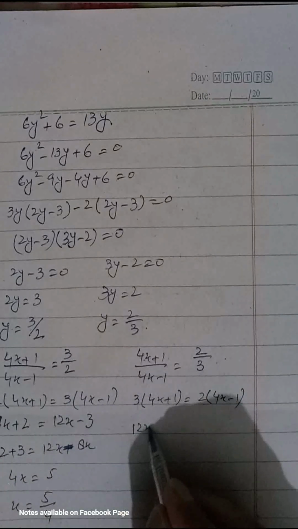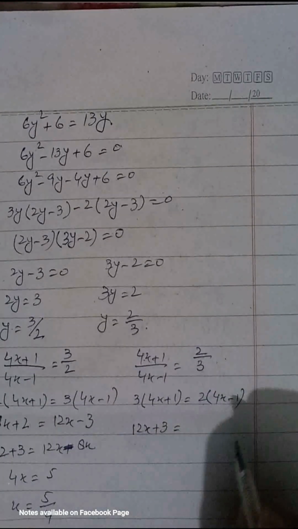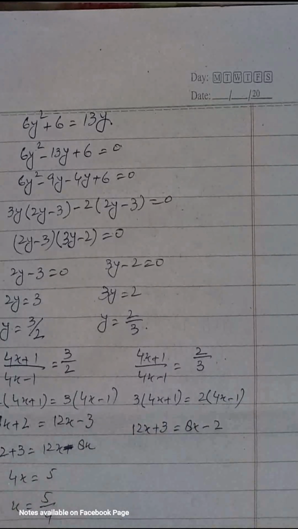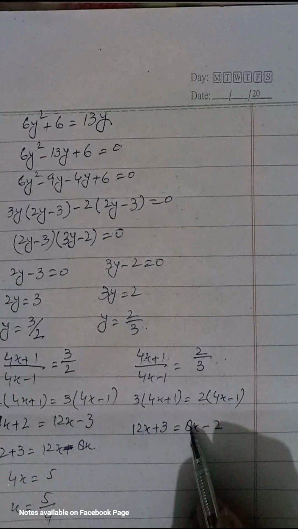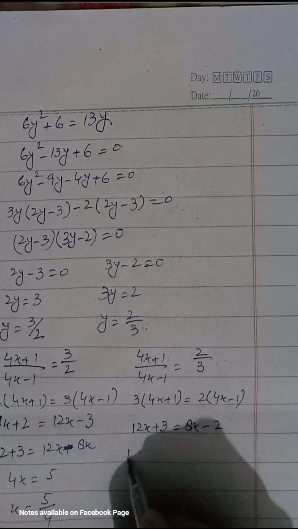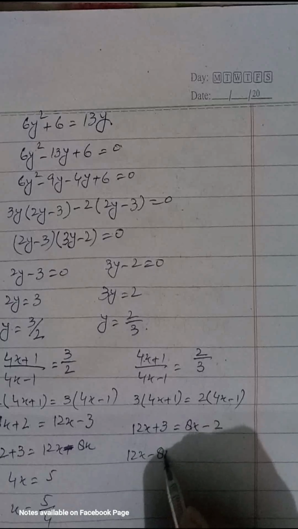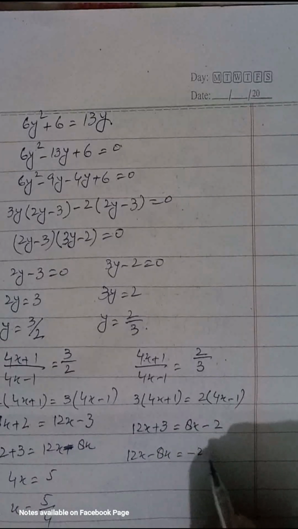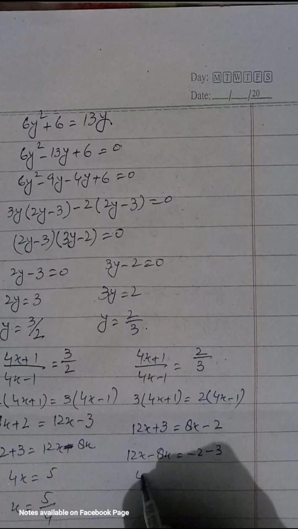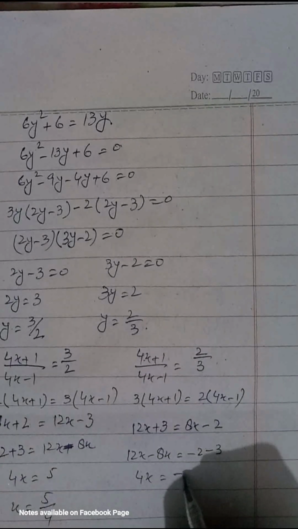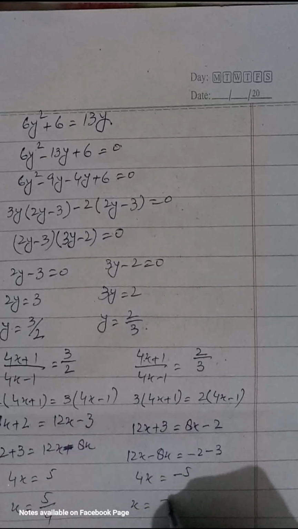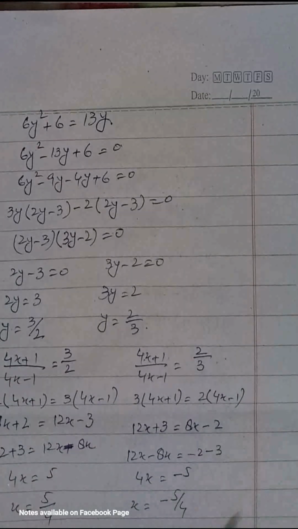Multiply, 12x plus 3 is equal to 8x minus 2. Now we shift 8x to the left side and 3 to the right side. We get 12x minus 8x is equal to minus 2 minus 3. 12x minus 8x is equal to 4x is equal to, here minus 2 minus 3 is equal to minus 5 and x is equal to minus 5 over 4.